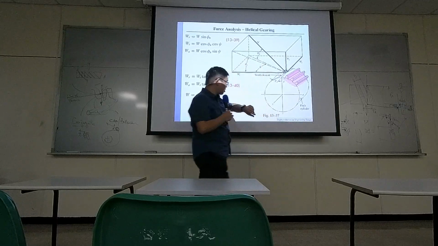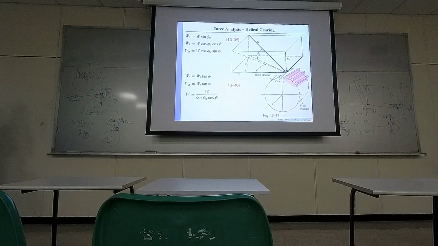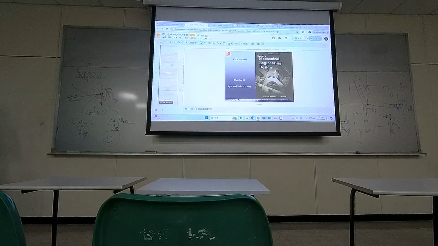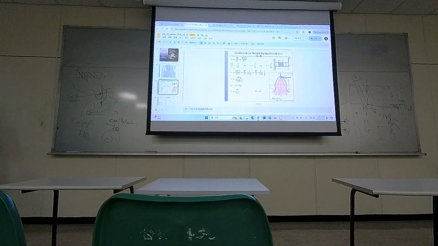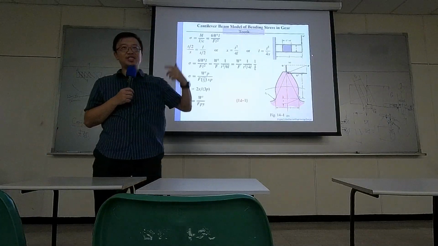Okay? So I think we are reaching the end of today's lecture. I will continue on more of those next week. Let me just preview what's going to be covered next time. Once we understand there will be forces between the gear and the pinion, we next will care about whether the tooth will break.